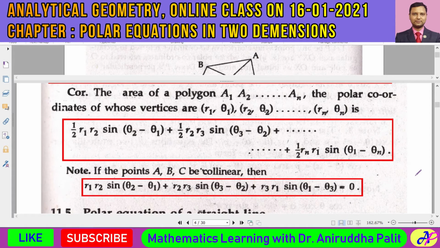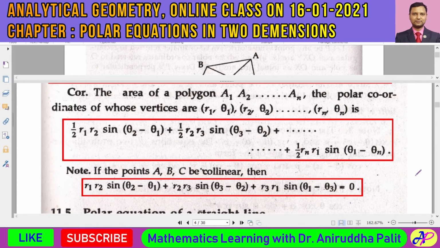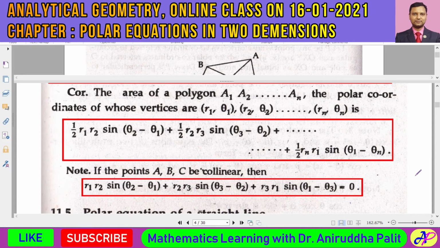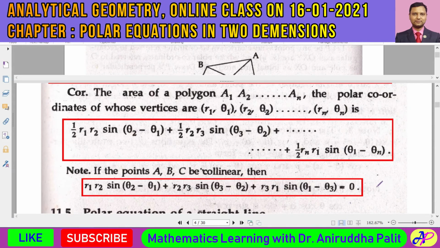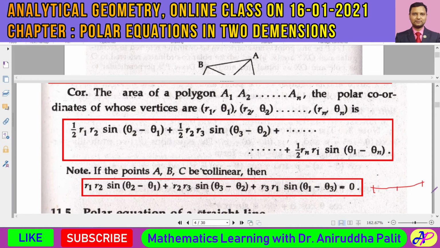And from this result for the area of the triangle, we can compute the condition under which 3 points or more than 3 points become collinear. That means all these 3 points lie on a single line. You see, if 3 points lie on a single line, in that case the area of the triangle formed by these 3 points must be equal to 0.